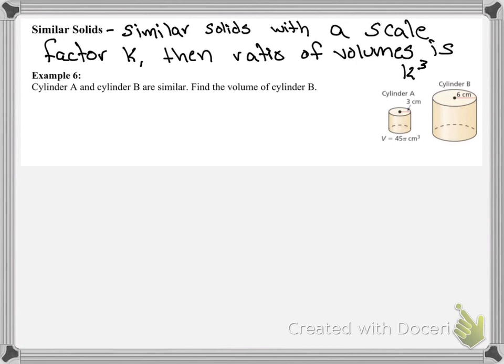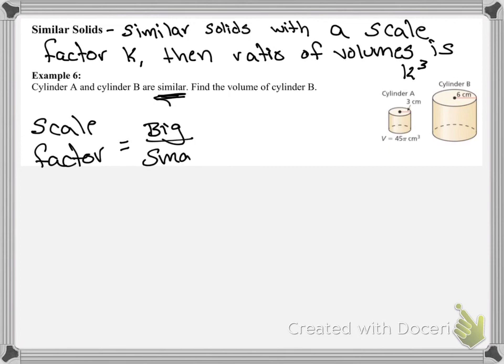For example, here, example 6. It says cylinder A and cylinder B are similar, so I know they have a scale factor. Let's find just their plain old scale factor. I'm going to go big to small, so big over small. They show me the radius. The radius of this one is 6. This one is 3. So the scale factor of their linear measurements would be 6 to 3, which is 2, or 2 to 1.